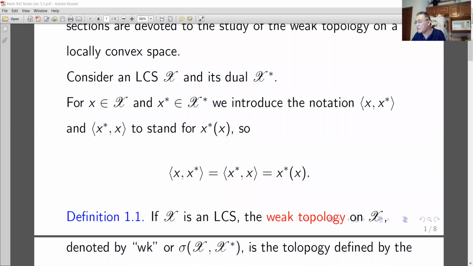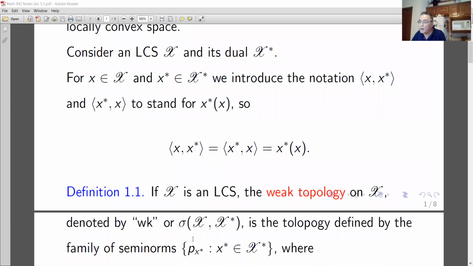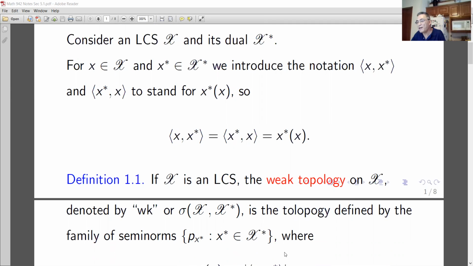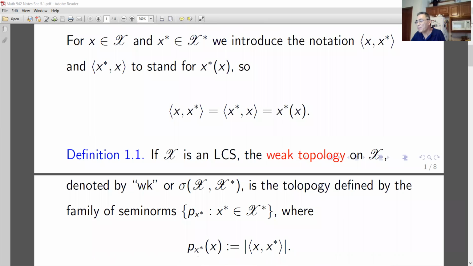This is the topology defined by the family of semi-norms p_{x star}, where x star is in X star, where p_{x star} of x equals the absolute value of the inner product notation ⟨x, x star⟩.